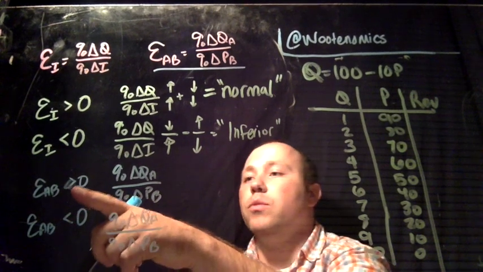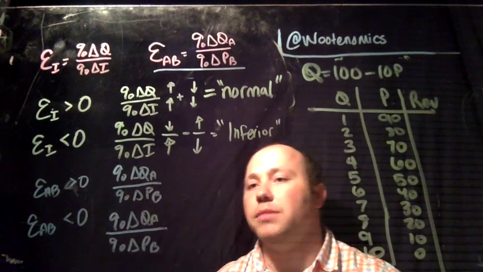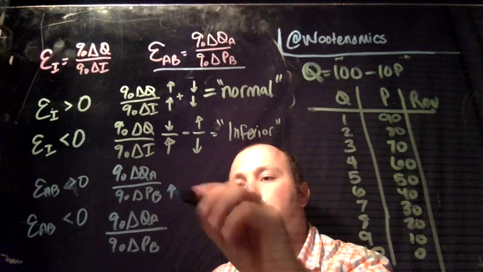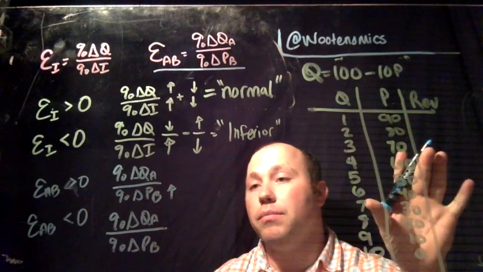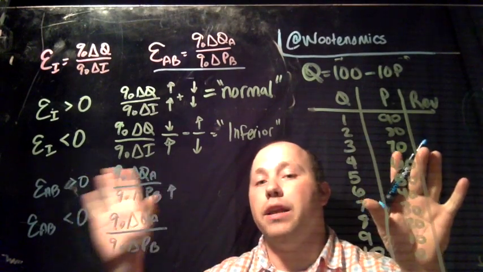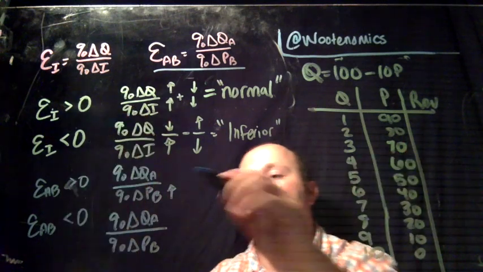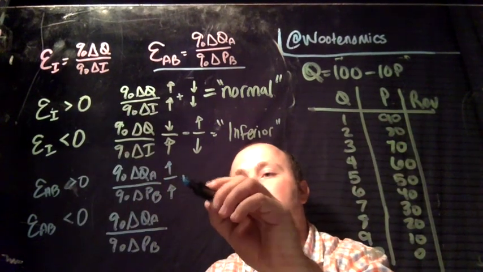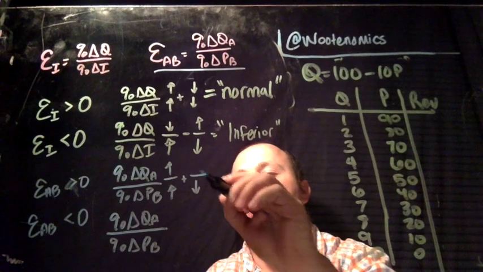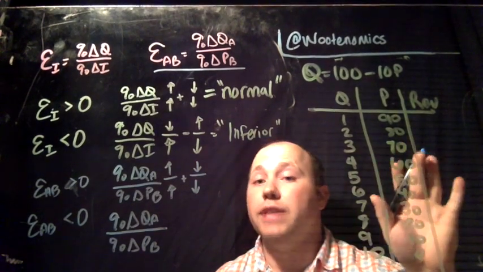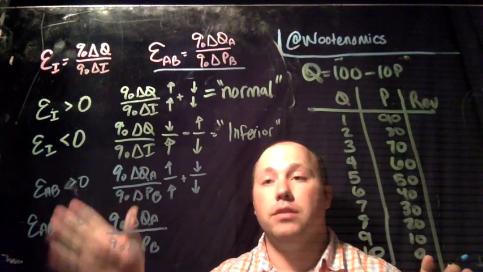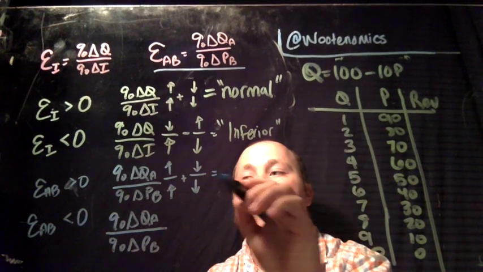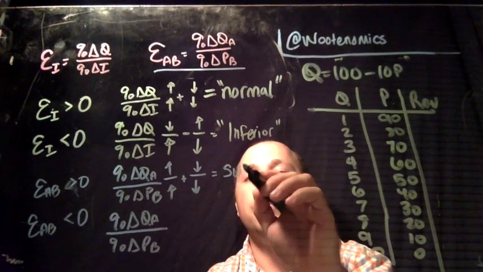So when the cross-price elasticity is positive, what we're saying is that as the price of one item goes up, the quantity that I demand of another item also goes up. Right? A positive relationship. As the price of item B goes down, I want less of item A. These two items are known as substitutes.